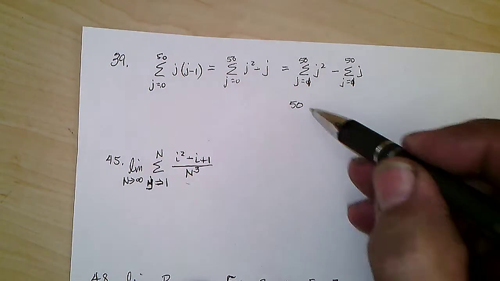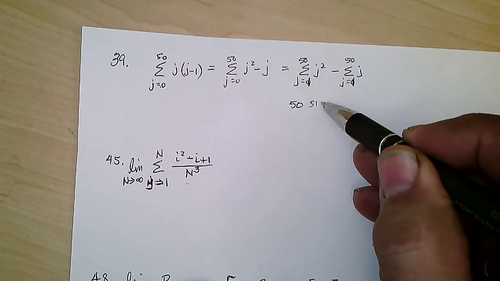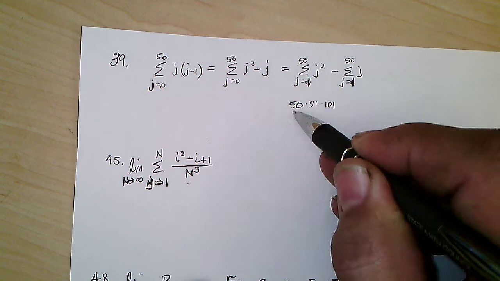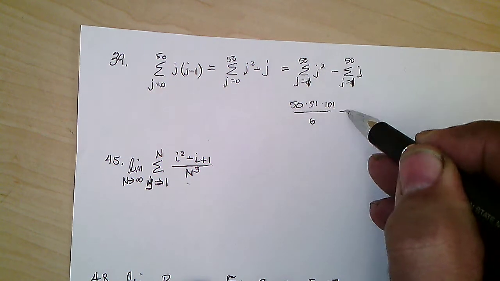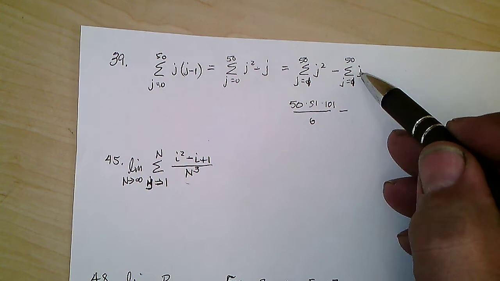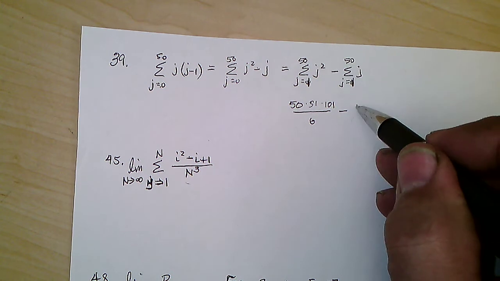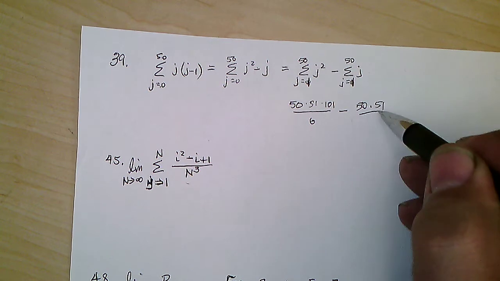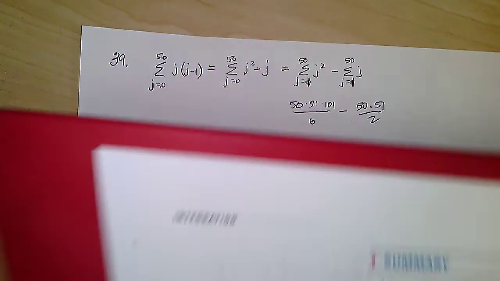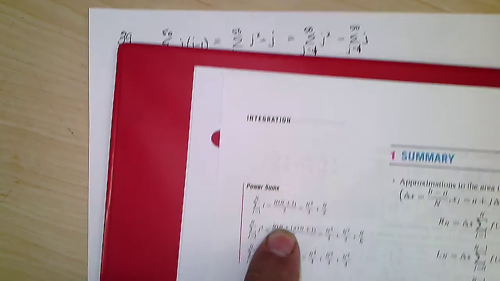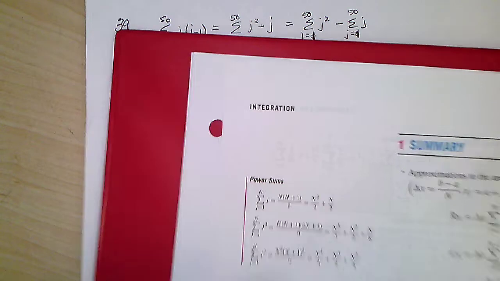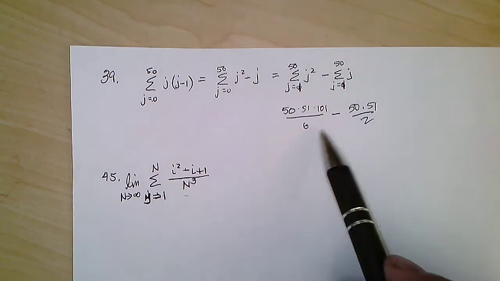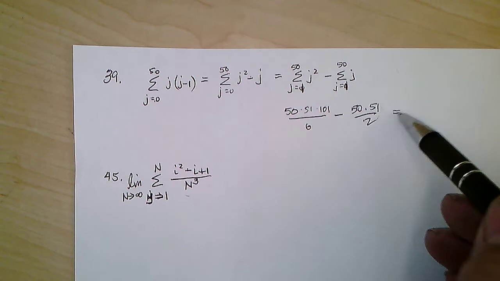So it's 50 times 51 times 2 times 50, which is 100, plus 1 is 101, over 6, minus, and then this one, if I put in n as 50, it's 50 times n plus 1, 51, over 2. That's that formula and that formula. So I have those two formulas. I can just calculate this, subtract that, and I'll have an answer.